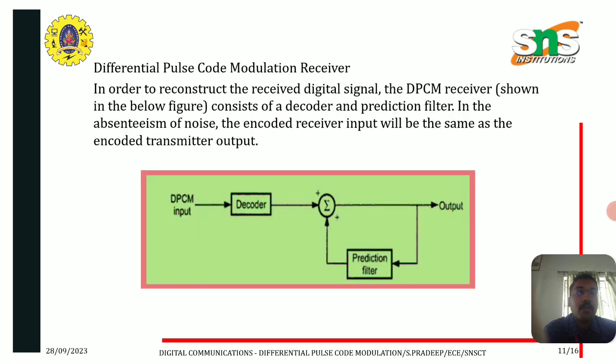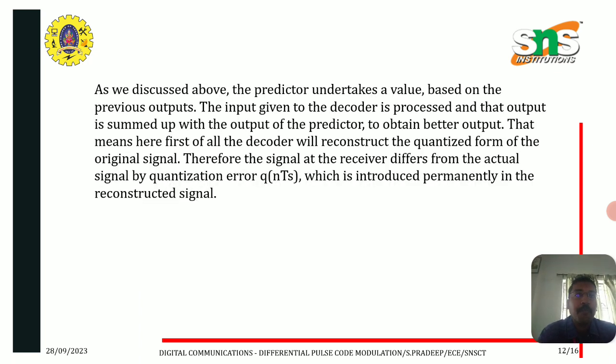The differential pulse code modulation receiver is shown in this figure. In order to reconstruct the received digital signal, the DPCM receiver consists of a decoder and a prediction filter. In the absence of noise, the receiver input will be the same as the transmitter output. As we discussed above, the predictor produces a value based on the previous outputs.